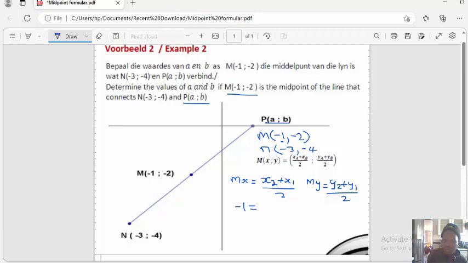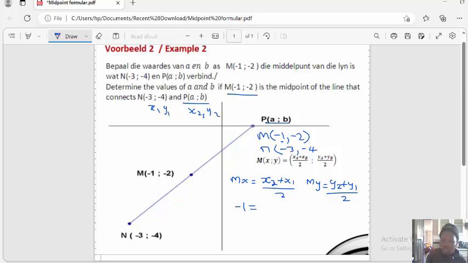So here you have your x1 and y1. Here you have your x2 and y2, right? So x1, y1, x2, y2.